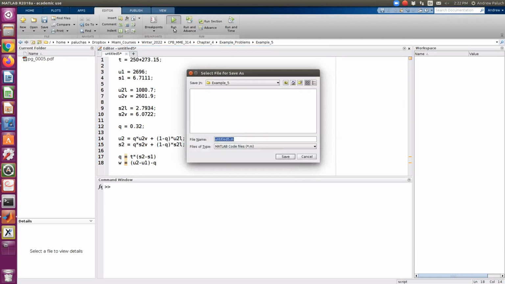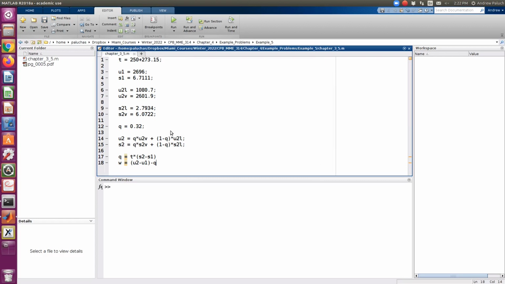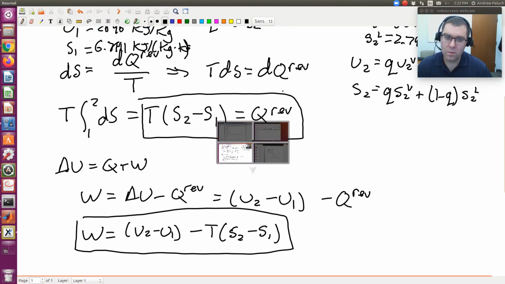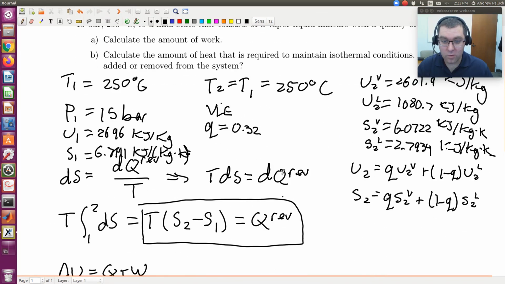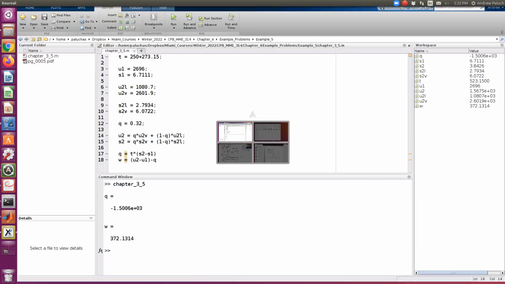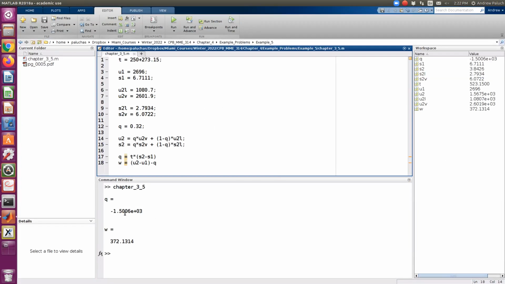All right, so let's save this. Problem 5 already. Let's see, what are my units? My units are going to be kilojoules per kilogram. U's pretty big, so I guess this is times 1,000.